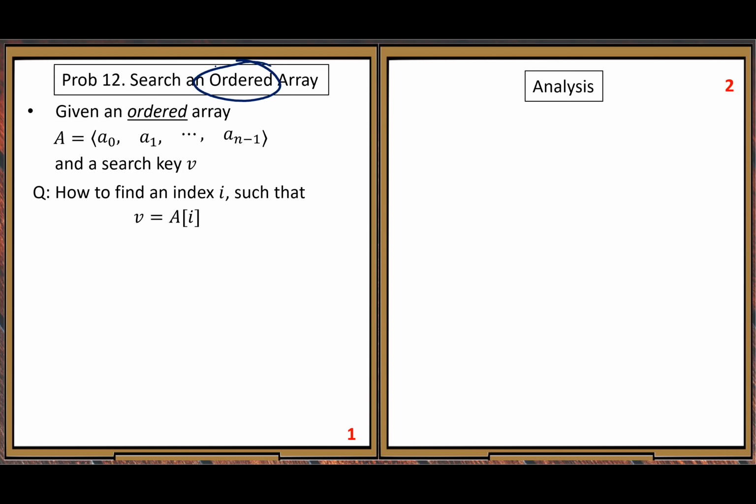Because in real world applications, many people apply binary search on an unordered array. It happens a lot in the real world. So you will get a wrong result. That's very important. Do that check.